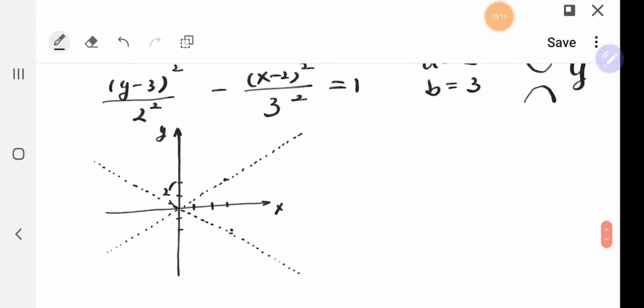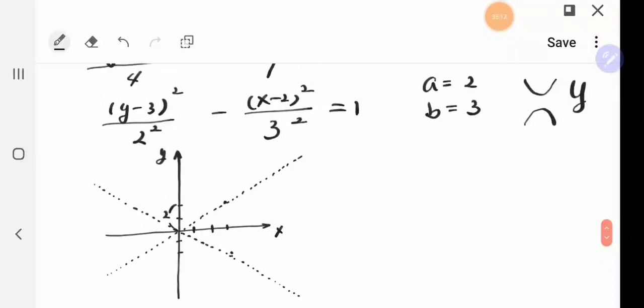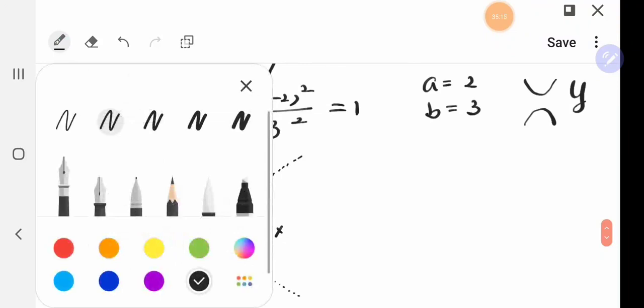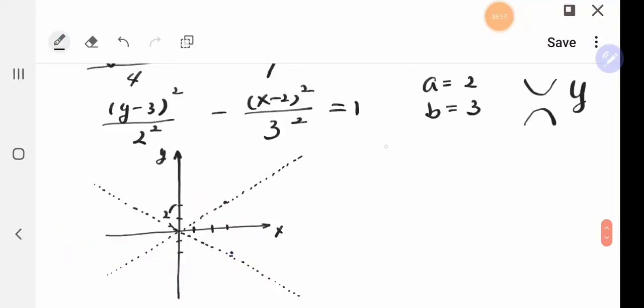Okay. So the slope of the asymptote line. Okay, let me use a different color.